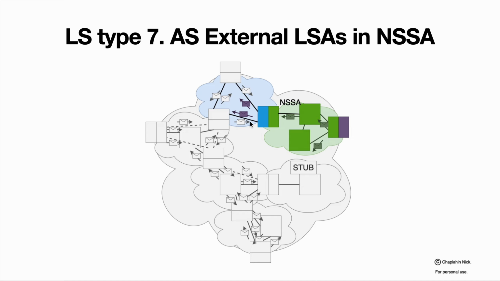As for the Not-So-Stubby Area, it has some specifics. An autonomous system boundary device generates into the Not-So-Stubby Area LS types that are still autonomous system external LSAs, but they are type 7.